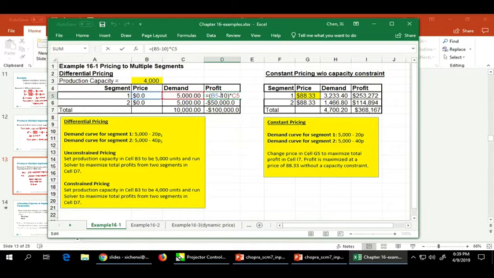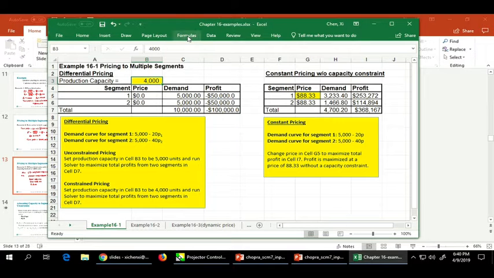Profit from each segment can also be calculated by multiplying profit margin with demand, and then summing up the total profit in this cell. And our production capacity in this case is 4,000 units.